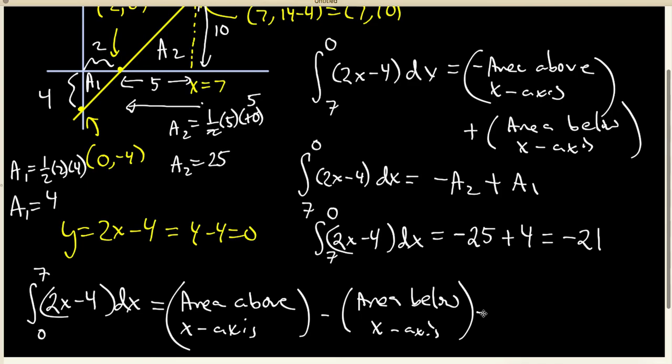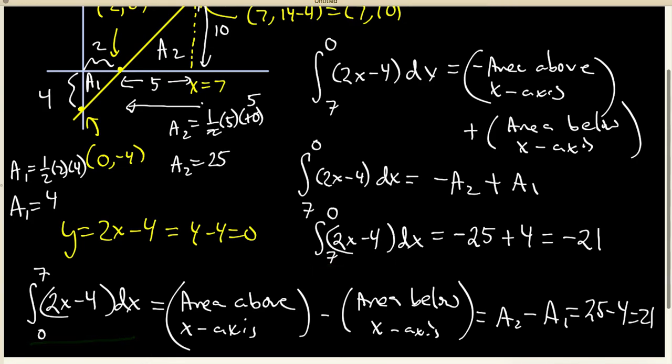And so this would be, let's see, A2 minus A1, and that would be 25 minus 4, which would be 21. So it turns out that the two integrals, this integral here and this integral here, are additive inverses of each other. And that's true in general.